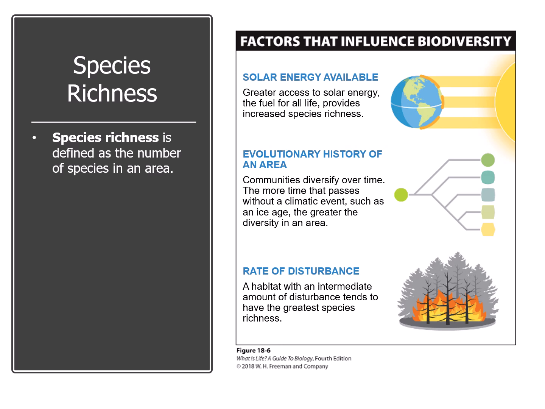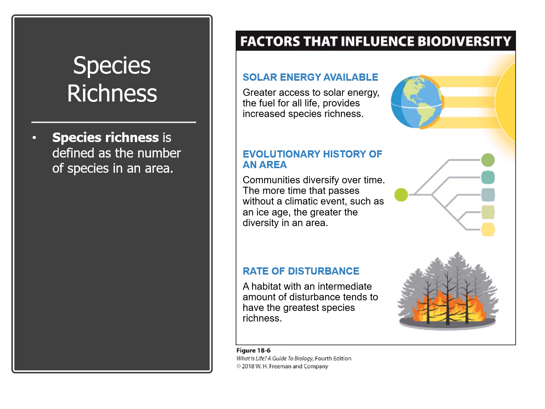The big one that we were just talking about is going to be available solar energy. So near the equator, where the solar energy is going to directly hit the planet, is going to have the greatest access to solar energy, which is that base fuel for all of life.